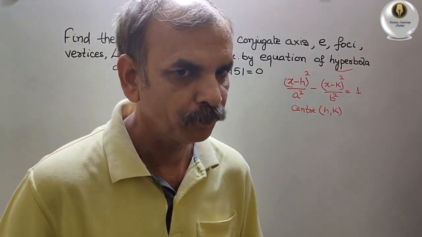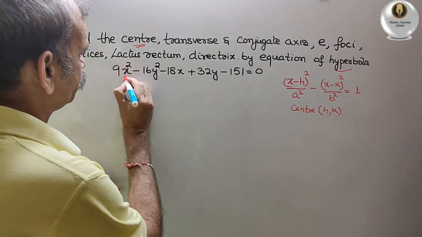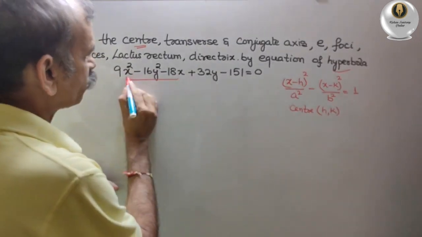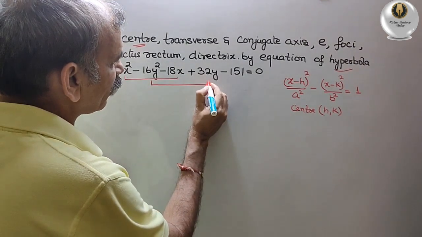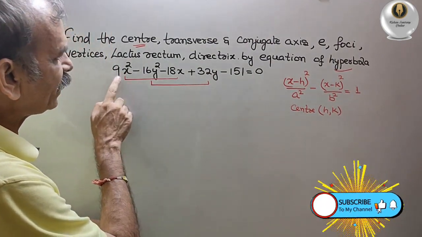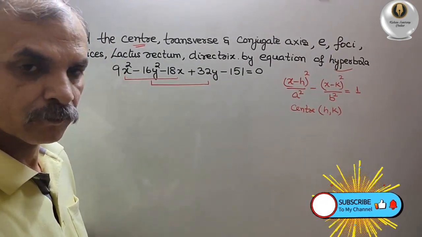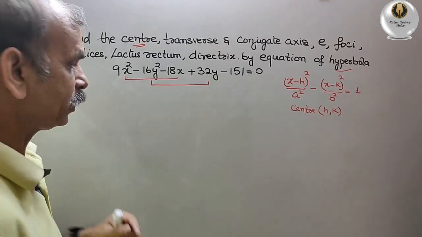How will it be? First we will group the x terms: here x square is there, here x is there, and here y square is there, here y is there. In the x terms, 9 is common.